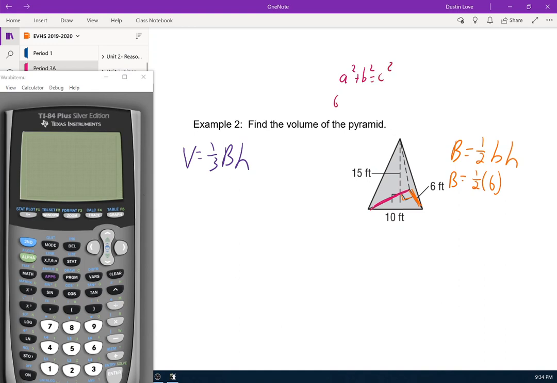And so we've got 6 squared plus b squared equals 10 squared. So that's 100 minus 36, so b squared equals 64, which means that b there is 8. So 1/2 times 6 is 3 times 8 is 24 feet squared.